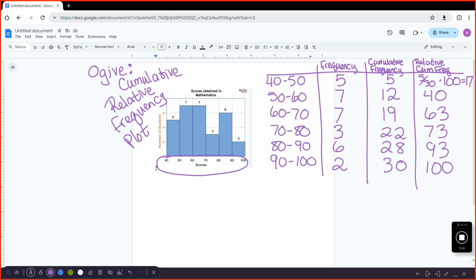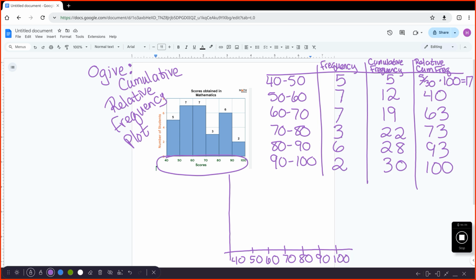I'm going to make the x-axis exactly match the scores, and I'm going to plot my relative cumulative frequency. So I'm going to go 40, 50, 60, 70, 80, 90, 100.